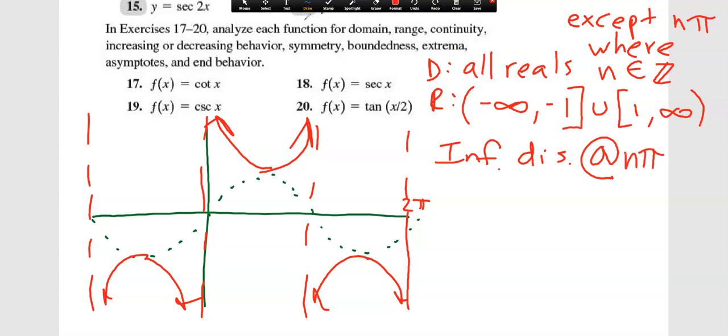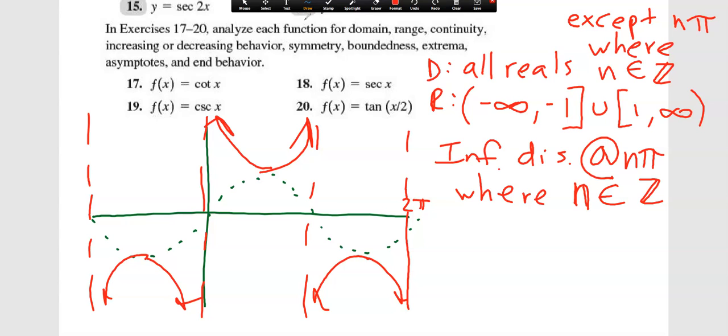N pi, where n is an element of the integers. Yes. Those vertical asymptotes are the places where you have to keep picking up your pencil. So it's definitely not continuous.